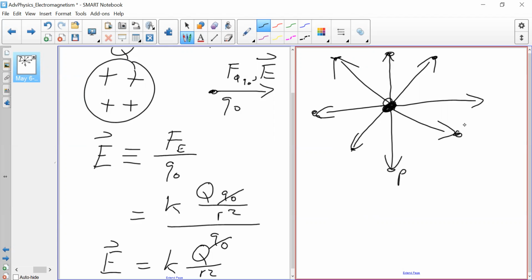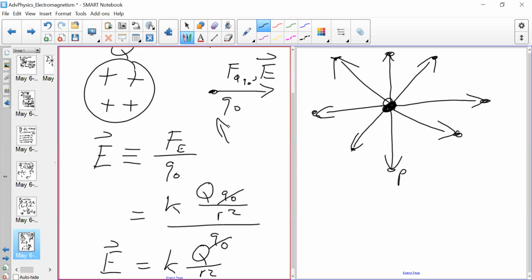P, Q, R, whatever the points are. And then when we do try to find the electric field at those points, we can treat those points like positive charges. As if a test charge is going to be there, the field at that point exists. It will be there whether the test charge was there or not, just like we have here. And so kind of treat those points in space as positive charges.